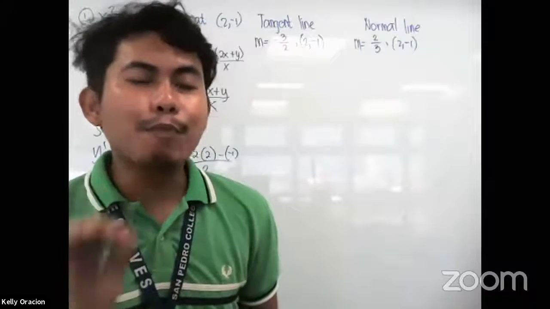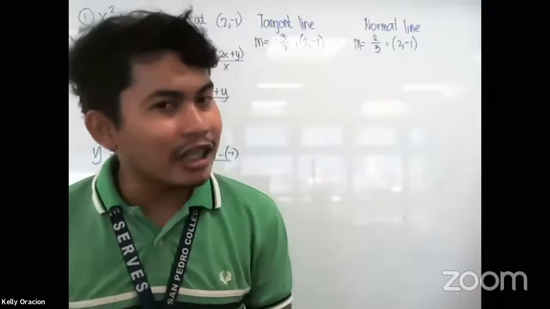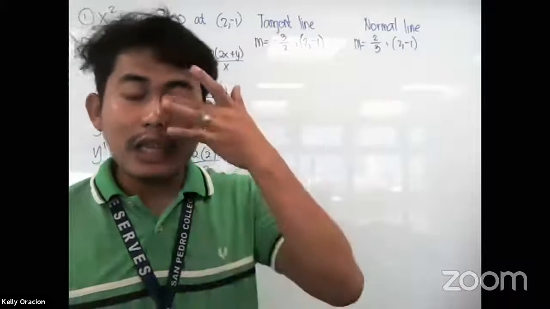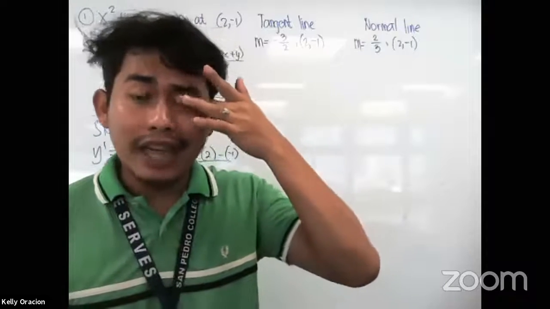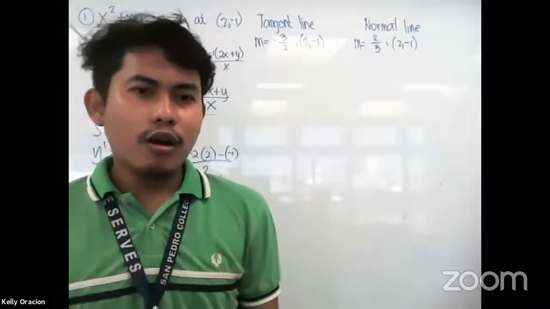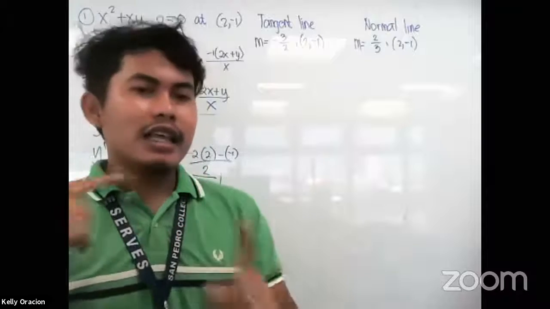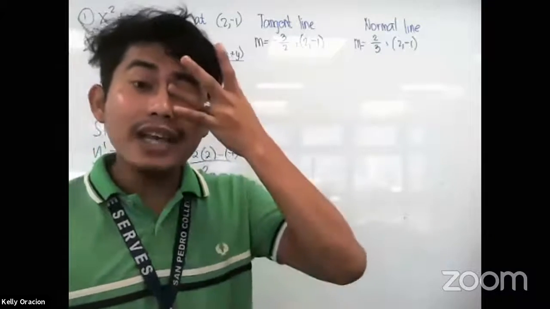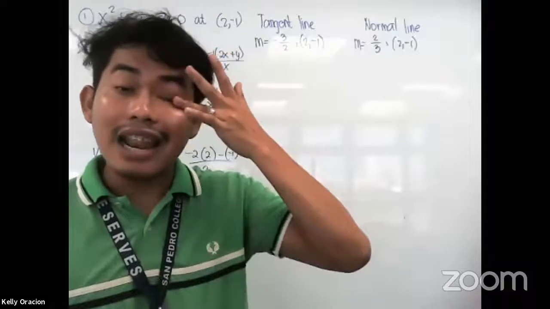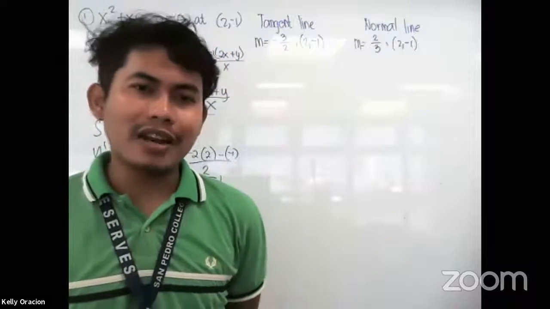Again, the product of the slopes is -1. That is the concept also of perpendicular lines: the product of the slope of each line is -1. If parehas sila ng slope, that's parallel.